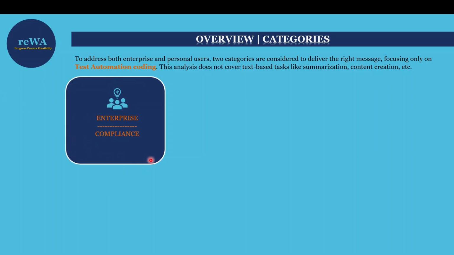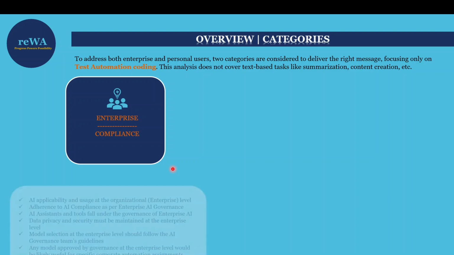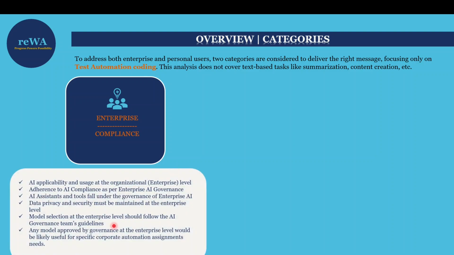One is enterprise compliance. Yeah, this is my personal view. I wanted to highlight it for whoever is watching this session. Why I mentioned enterprise compliance is because this is related to AI, and we need to follow certain protocols as per the enterprise, which I'm going to explain over here. These are the few points that I have listed out.